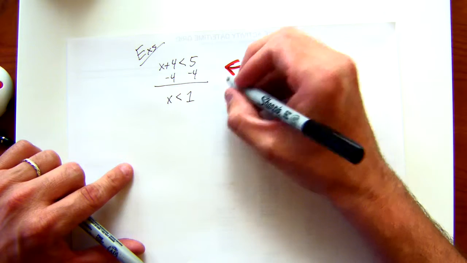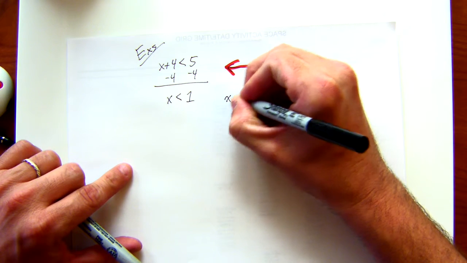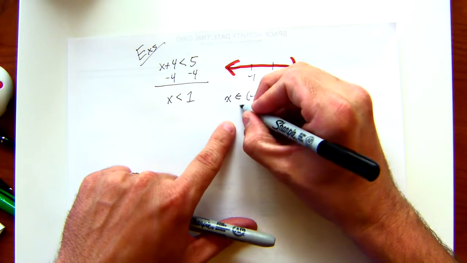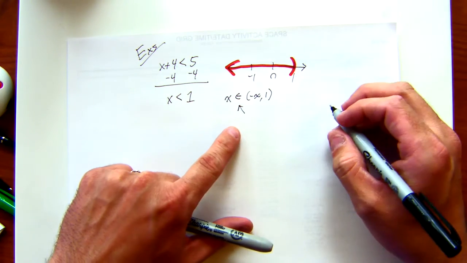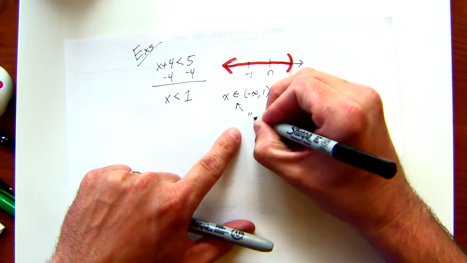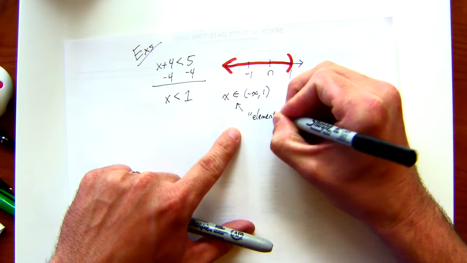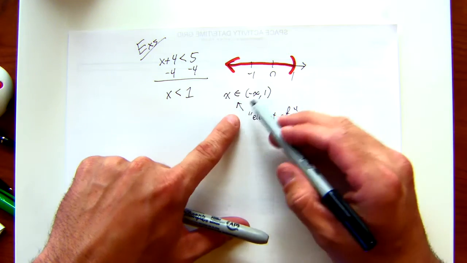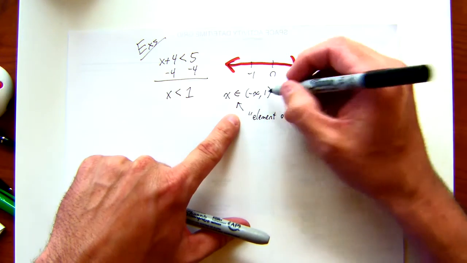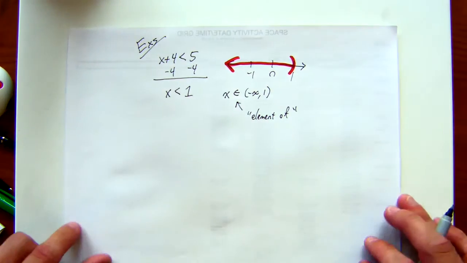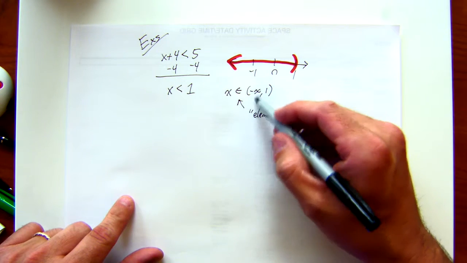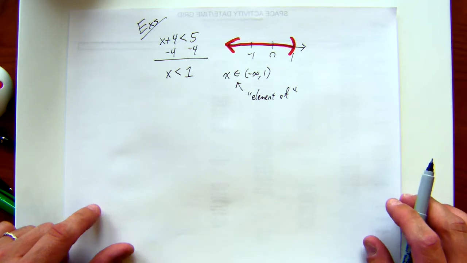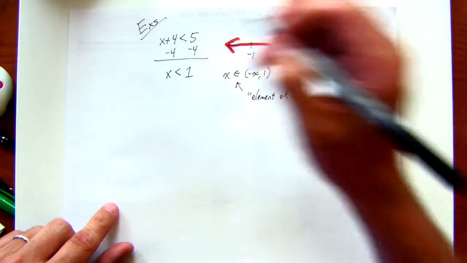One thing that you might see is this symbol: x, then this little backwards looking E, which means element of. So this says x is an element of this interval. So x is somewhere inside of there. It can be any number inside of there, and it will work. Any questions?